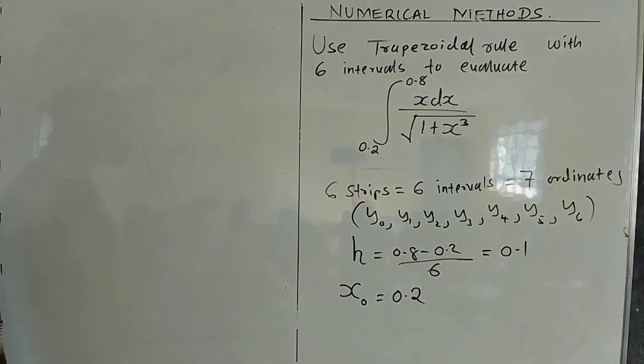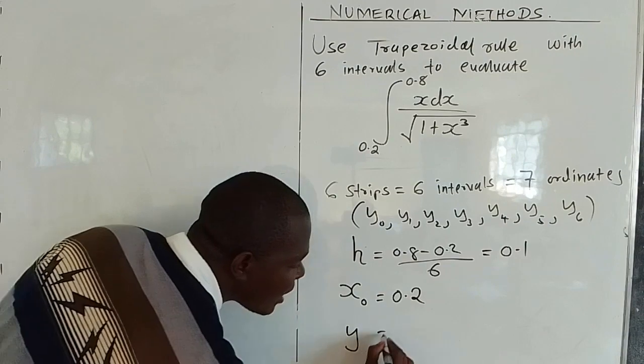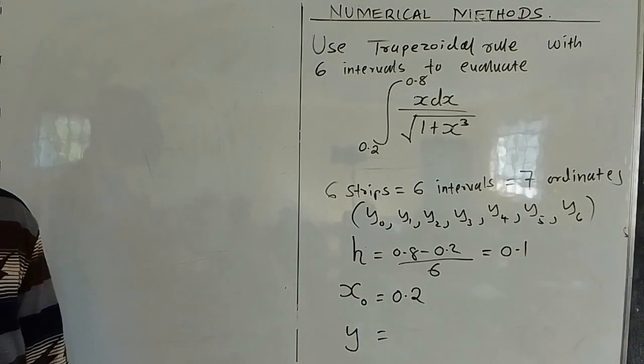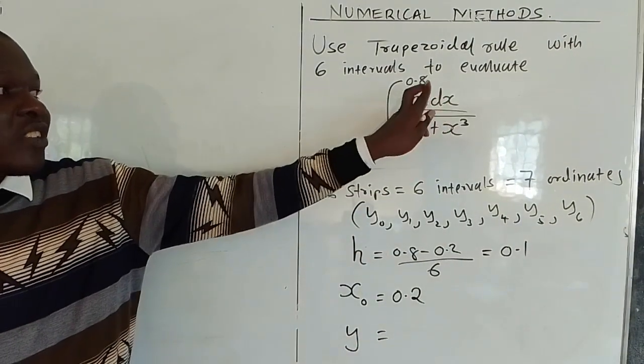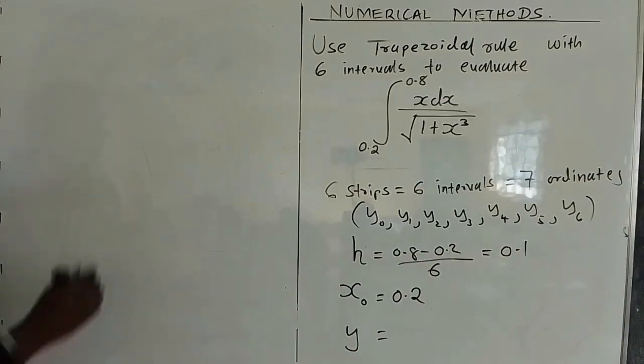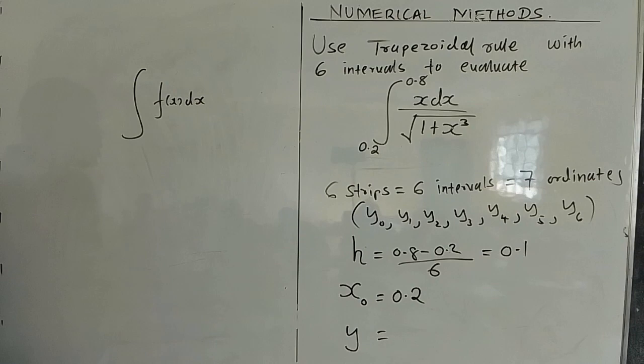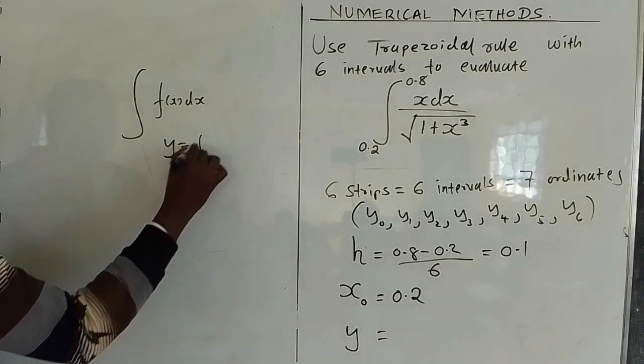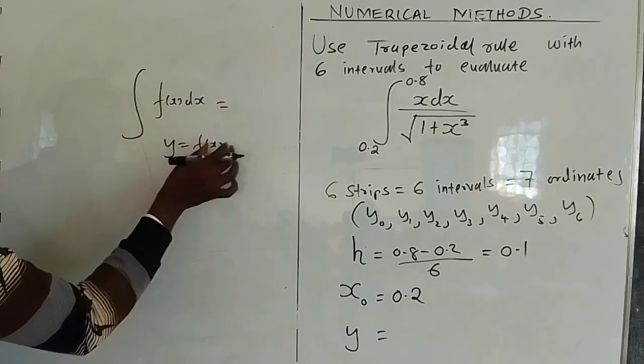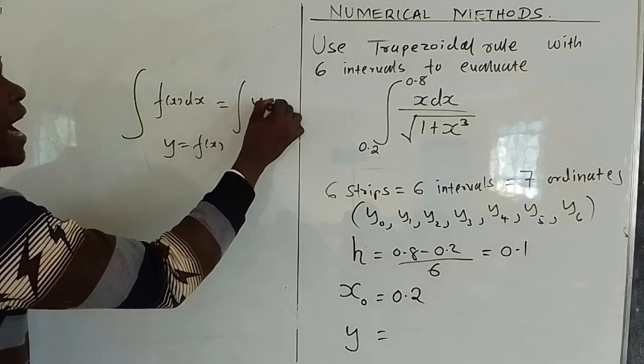After that, we get our y, the function. The function y is whatever remains when you remove this dx. Because when you are looking for area, you are integrating f of x dx, and if y is a function of x, where there is f of x you put y, you get y dx.